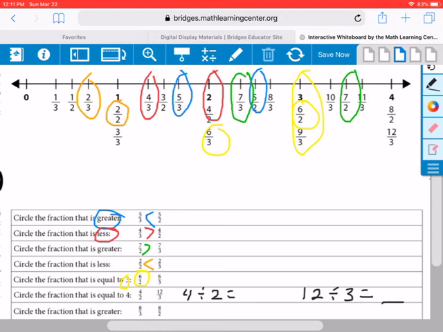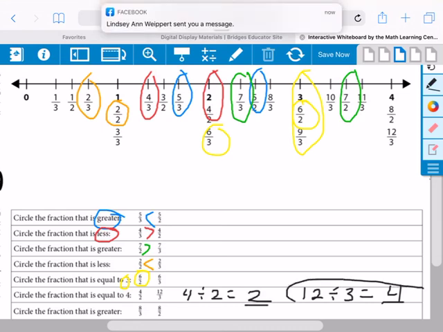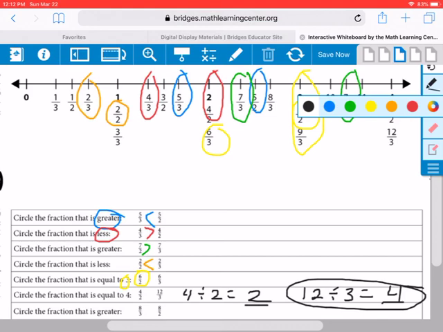So what times 3 equals 12? That's right, it's 4. And what times 2 equals 4? It's 2. So it should be 12/3. Let's find it on the number line. So here's 12/3 on our number line. And does it equal 4? It does.